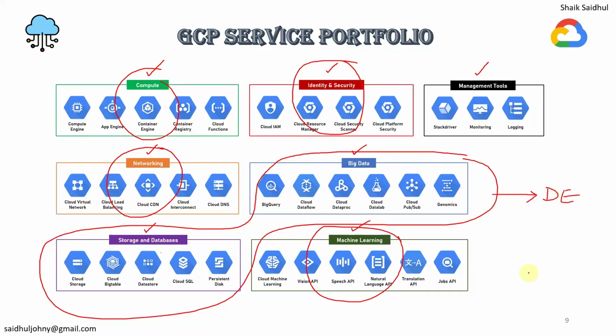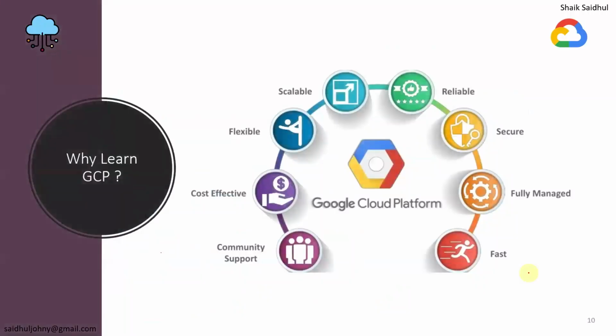So this is what. And sir, why should we learn GCP, sir? If you ask me, Google Cloud Platform has very good community support. It is providing you cost effective services comparatively compared to the other cloud platforms like Azure as well as AWS.